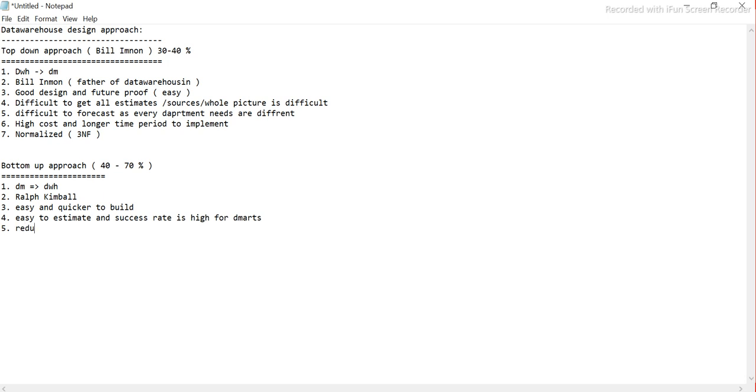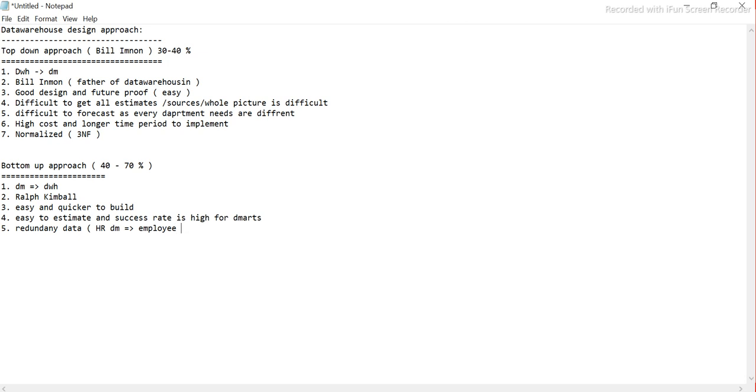So, redundant data. When I say that, the same data may be available in the HR department and the same data in finance. For example, let's say I have the HR data mart first. In the HR data mart, I am using employee information, so the employee dimension table is already there.